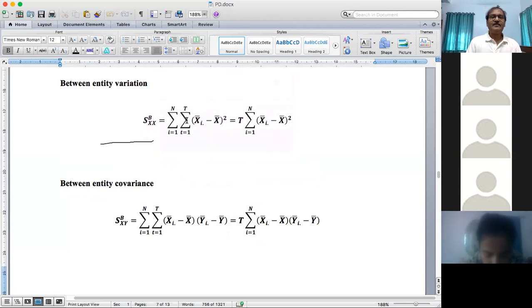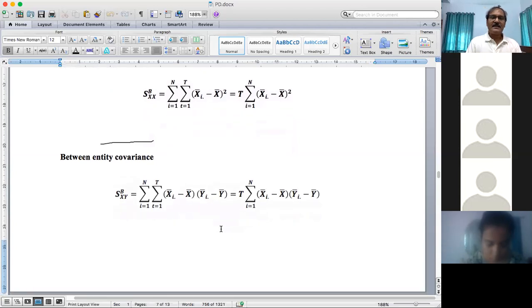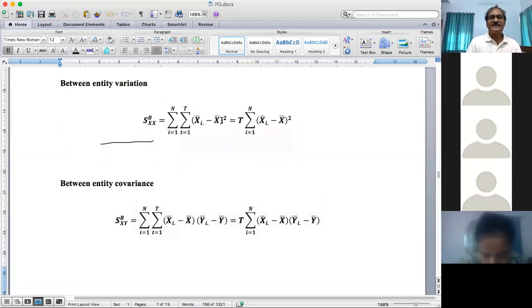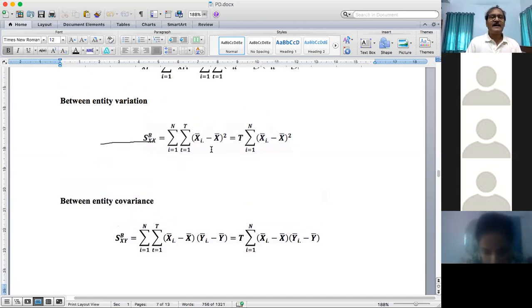Just look closely at the formula. We have to take the deviation of x bar from x bar i dot. So by taking this deviation, we can get the between group version of the variance and covariance.